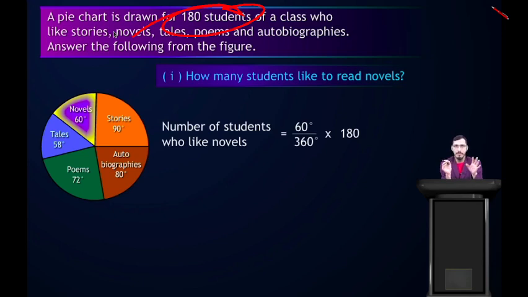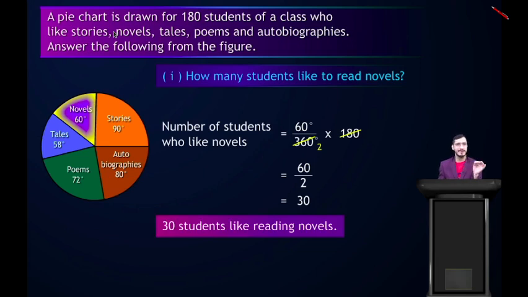Remember, always when angles and the number of students are given, we find it this way: 60 by 360 into 180. When we simplify, 180 into 360 is 2, and 60 by 2 we get 30. That means 30 students like reading novels.